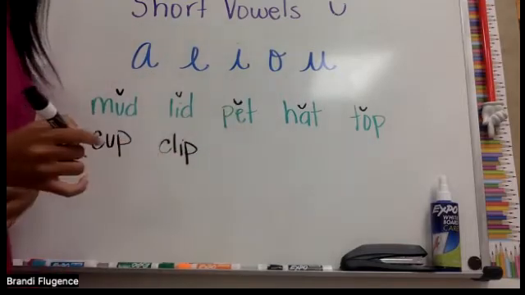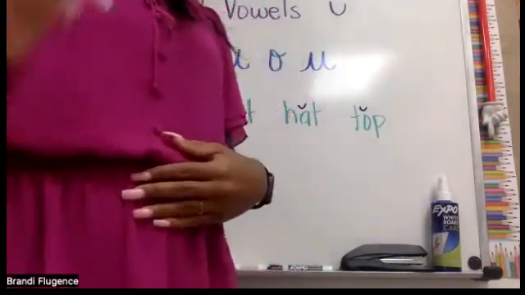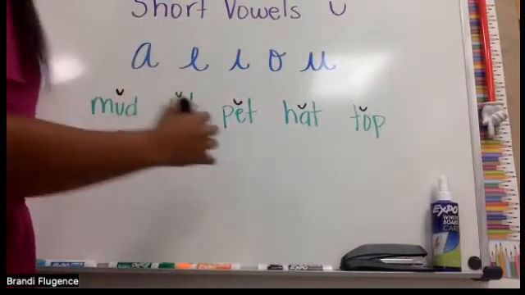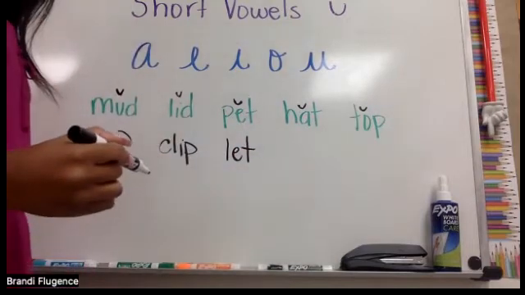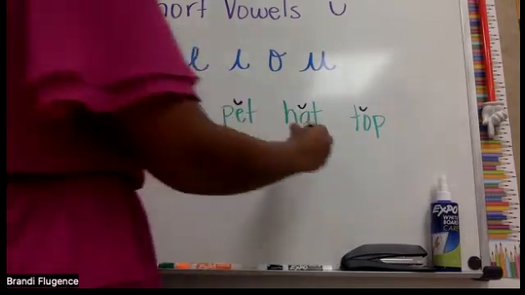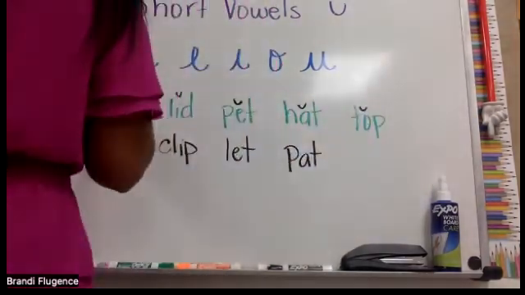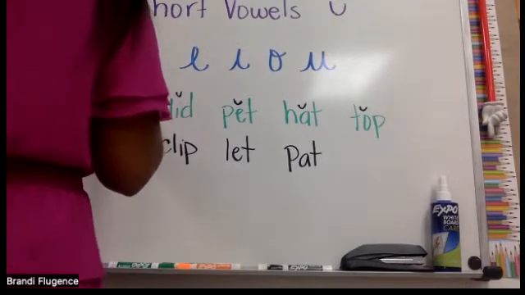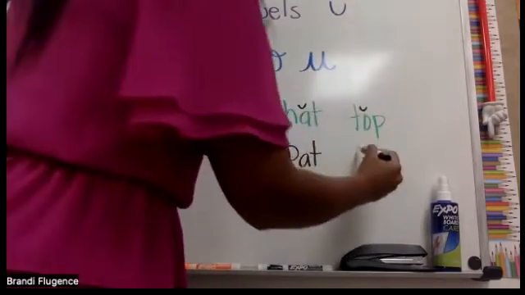Next we have E. Sharp vowel E that says eh. Let. Sharp vowel A that says ah. Got a word? Pat. And then sharp vowel O that says ah. What you got? Hop. Good.